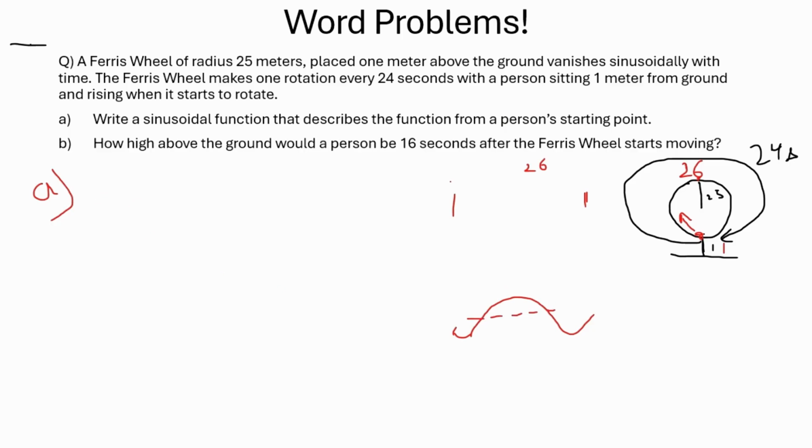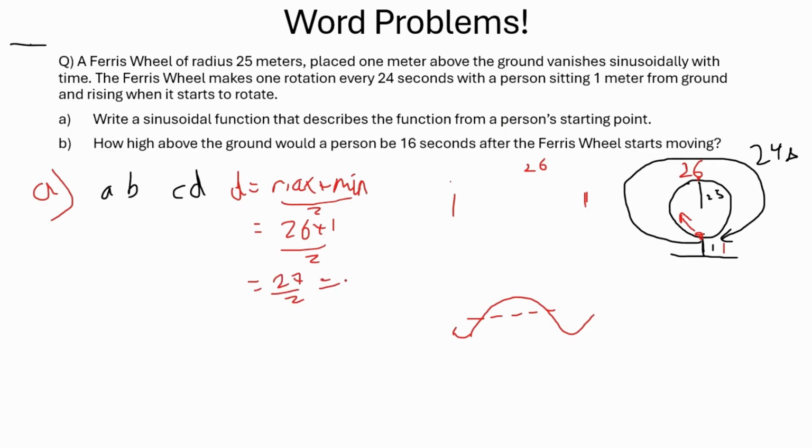So to find your equation, what things do we need to find? A, B, C, and D. First of all, you look for your D. Your D is your max plus min, the average, over 2. So your D is 26 plus 1 over 2, which is 27 over 2, or I'll just write it in terms of decimals, 13.5.